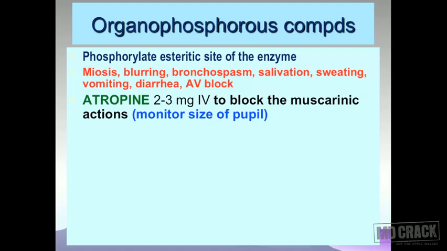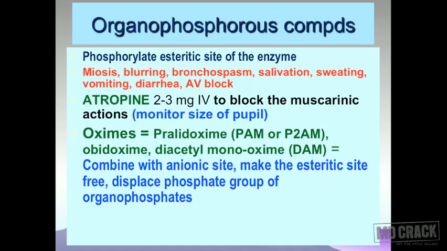The second approach, a more rational approach, could be to remove the cholinesterase enzyme inhibition. And this is why we have drugs called oximes. I already made a mention of it. These are pralidoxime, also called PAM or 2-PAM. You have obidoxime and you have diacetyl monoxime, that's DAM.